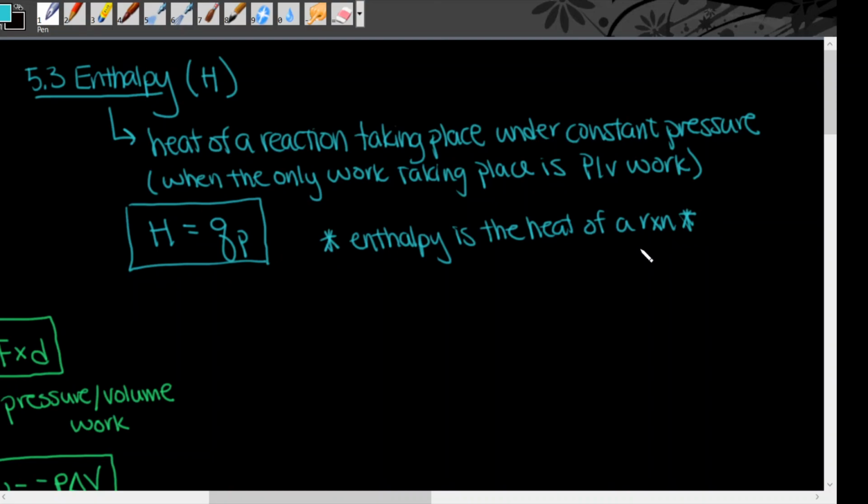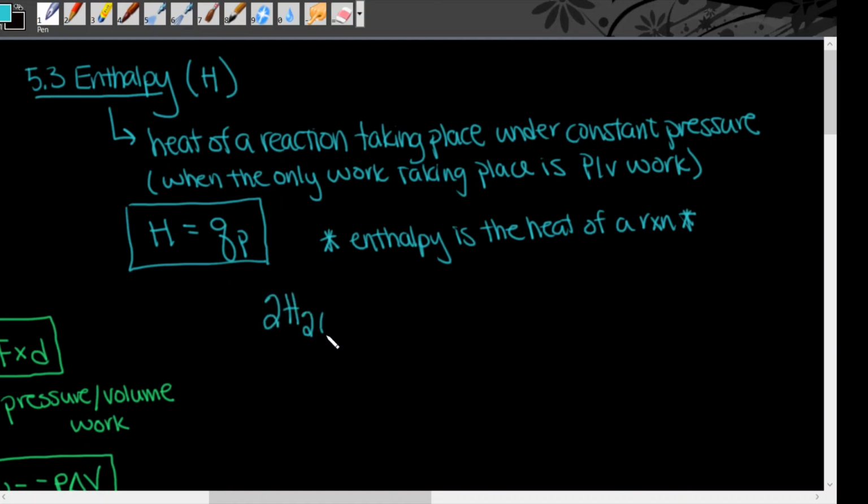Okay? So in our next lecture, we are going to be looking at how we actually measure heats of reaction. But I'm just going to preview it for you guys right now. Let's say we were making water, right?